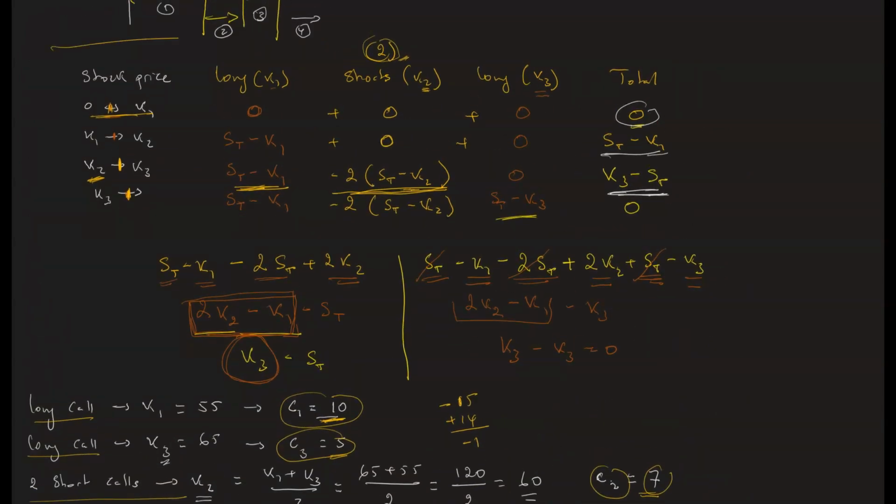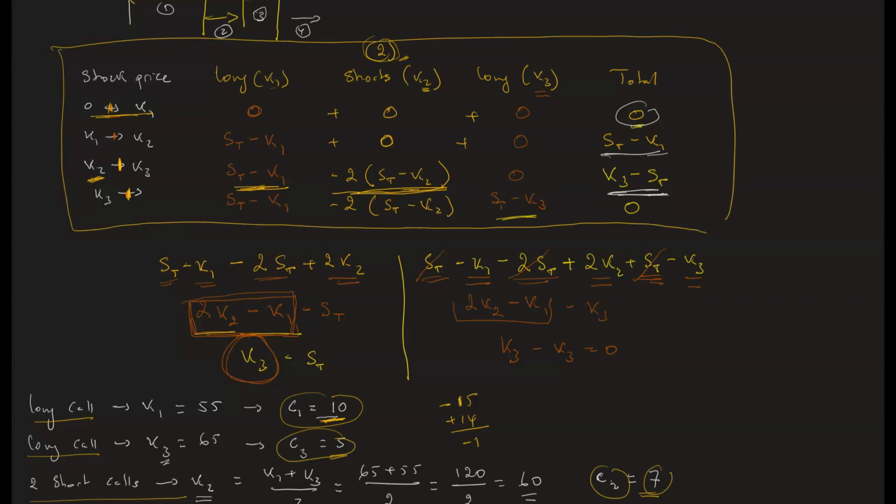If you're working with put options, just remember that the long put has a payoff equal to the strike price minus stock price, and the short put is therefore going to be equal to minus the maximum of the strike price minus the stock price.